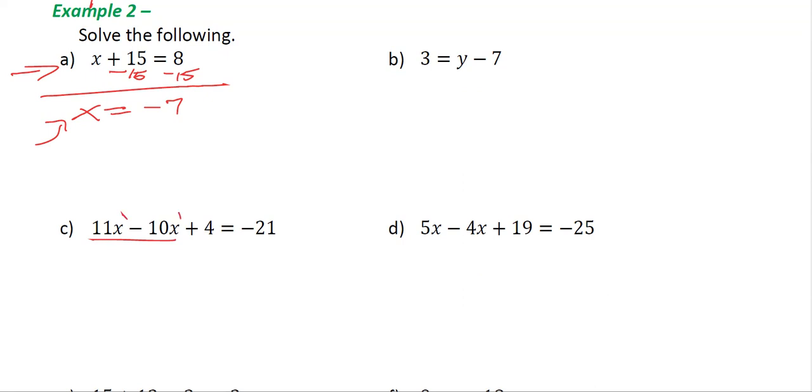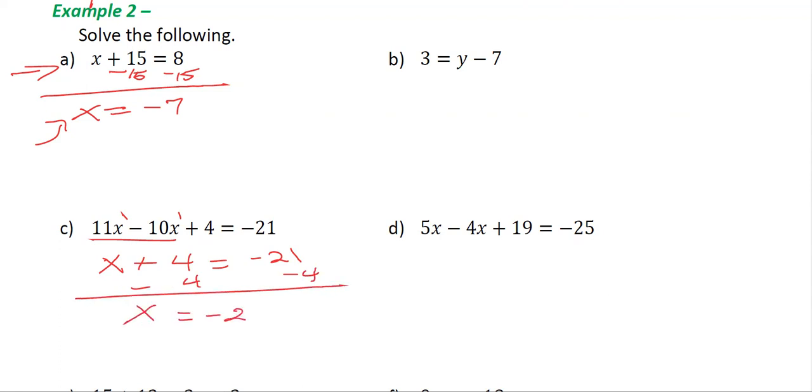It is linear. I have 11x minus 10x, meaning I had $11, spent 10. Now I have 1 times x, which is x, and it's positive. If it was negative, we'd have to do some work. Plus 4 equals -21. Now I need x by itself, so I'm going to subtract the 4 from both sides since it was positive. I get x is equal to -25.